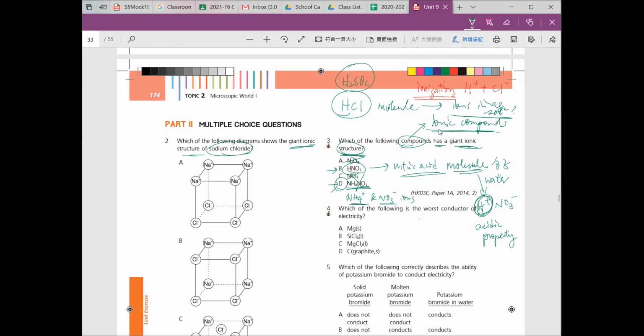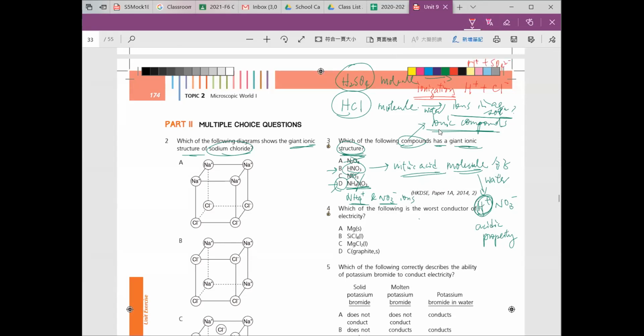Yes, if I have a sulfuric acid molecule, once I put it into water, it will ionize, right? So what can the ions be? Hydrogen ions and sulfate ions. Good.